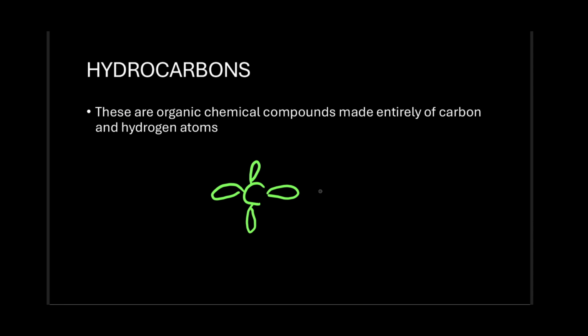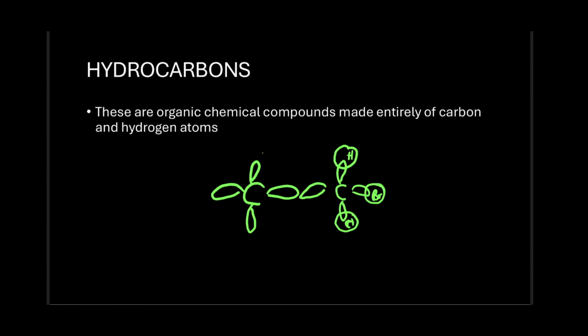So we can form a carbon to carbon bond with another carbon, and then these carbons can form other bonds with, let's say, hydrogen, and then we can also have other atoms such as bromine and hydrogen.